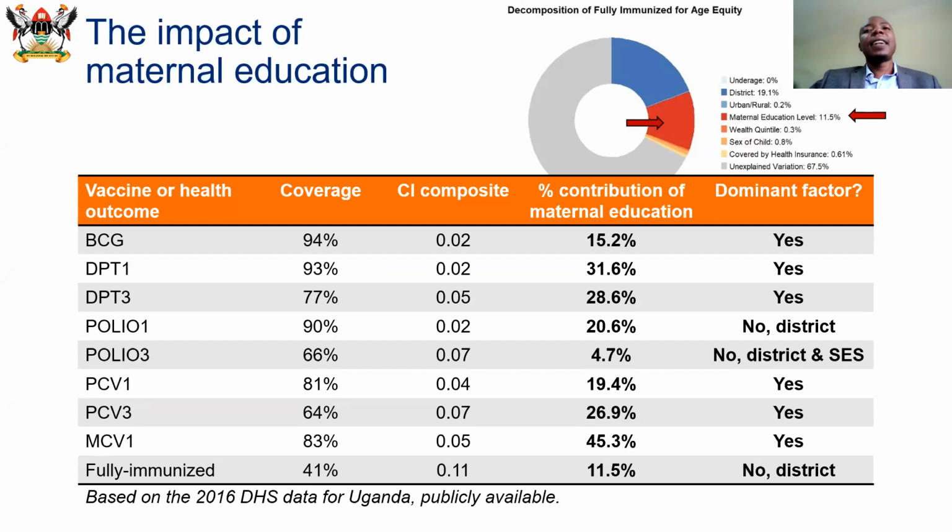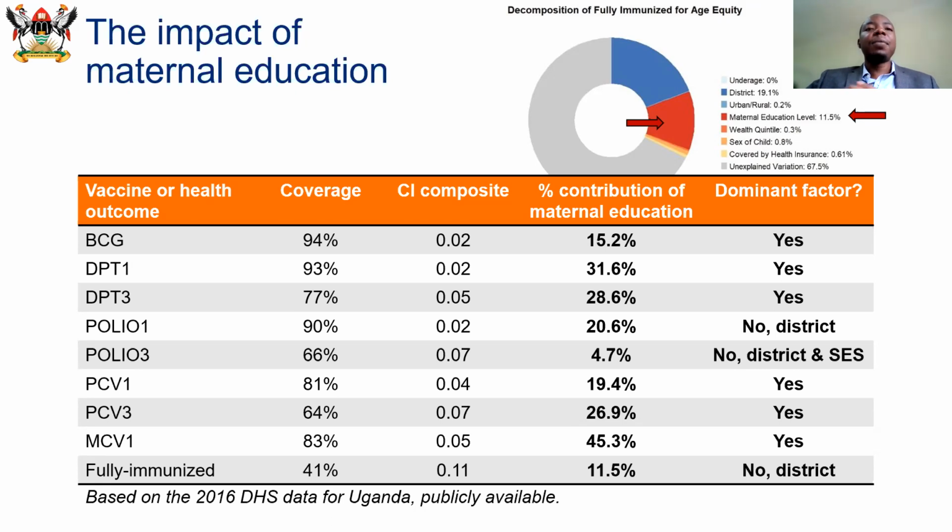This is an important attribute: if an intervention has to target aspects of maternal education, I think those would be quite significant in improving vaccine inequity across the selected regions. The table below also gives a distribution of the different percentage portions of coverage across the different antigens.